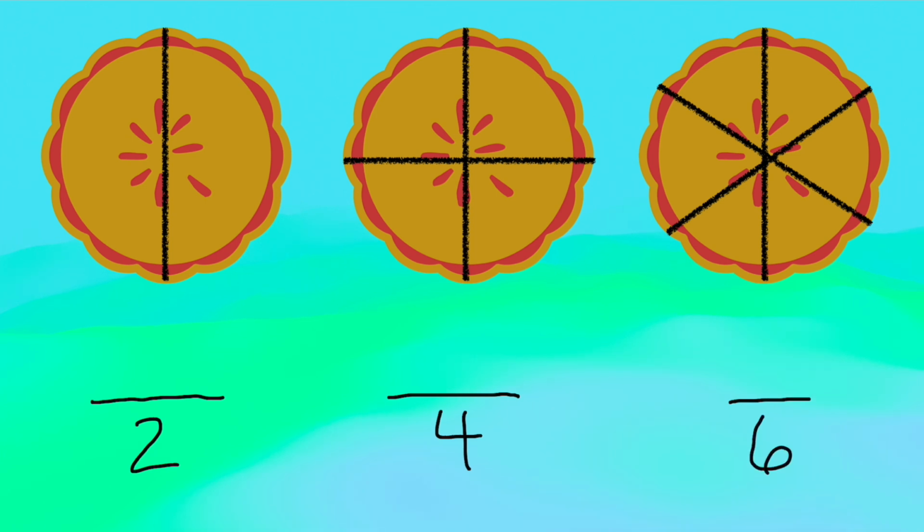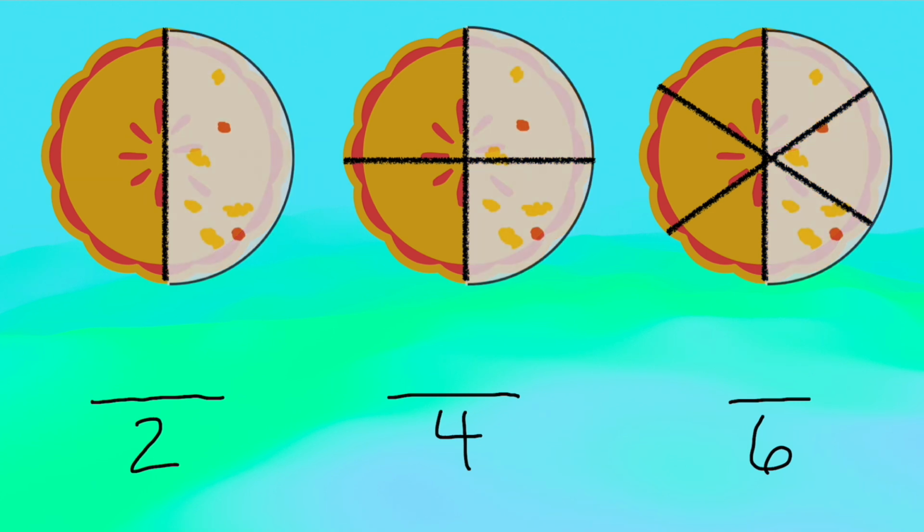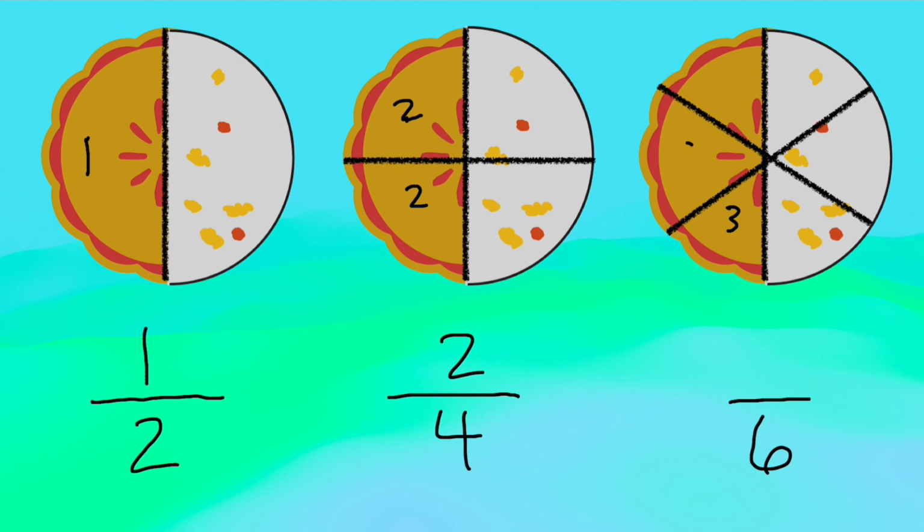If we eat the same amount of each pie, shown here, we can see that on the first pie we have 1 piece left. The second pie we have 2 pieces left, and on the third pie we have 3 pieces left.